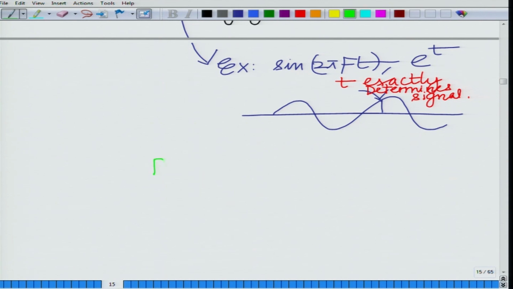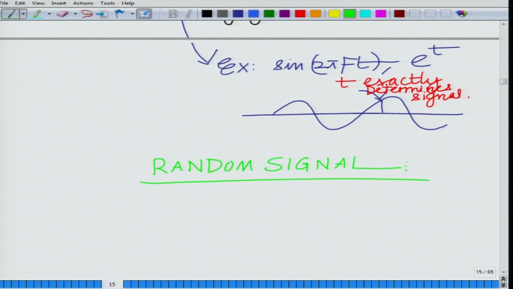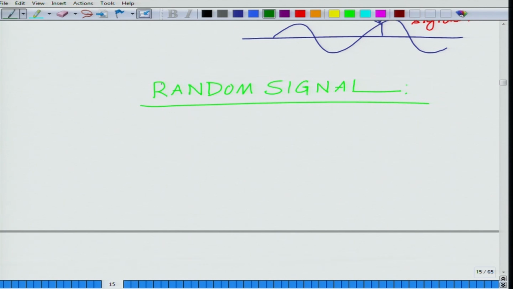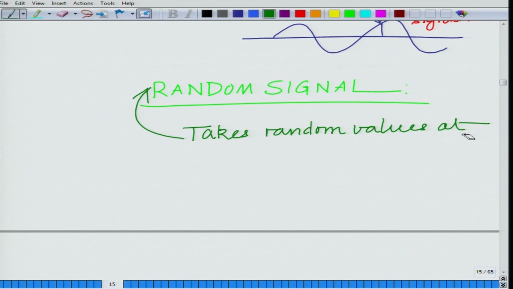So, a random signal, again either continuous time or discrete time, takes random values at different time instants, hence it is not completely determined ahead of time.